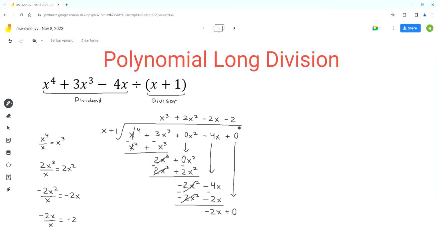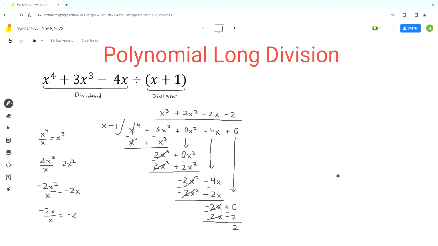Negative 2 times x is negative 2x, and negative 2 times plus 1 is negative 2. Now we can subtract the terms. Negative 2x minus negative 2x, so the x terms cancel each other out, and 0 minus negative 2 is positive 2.